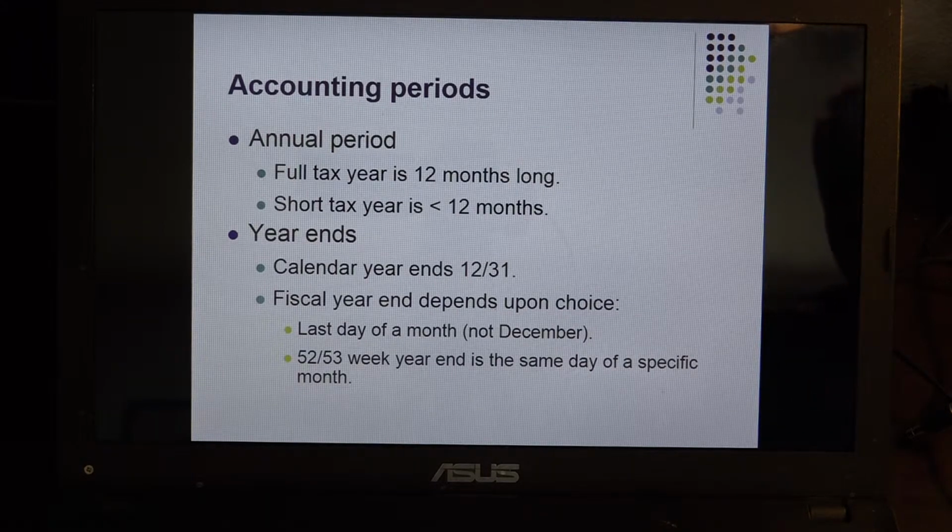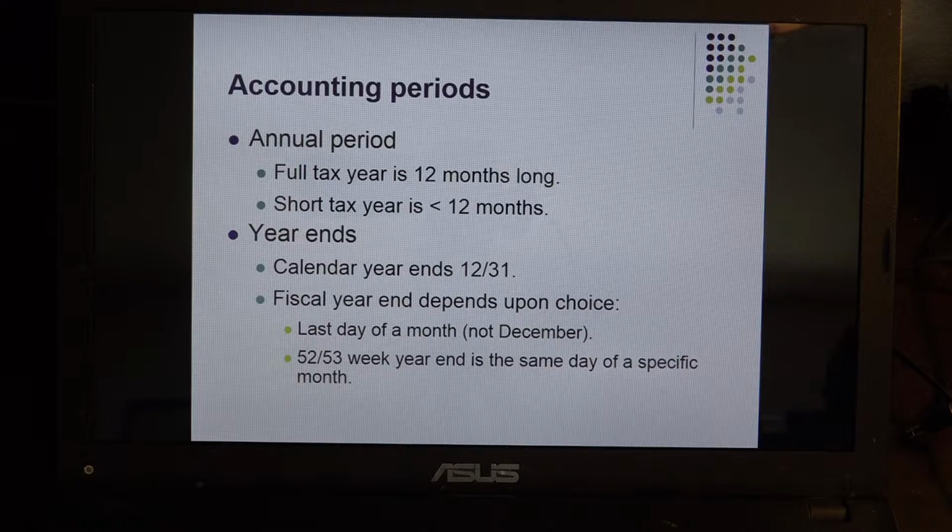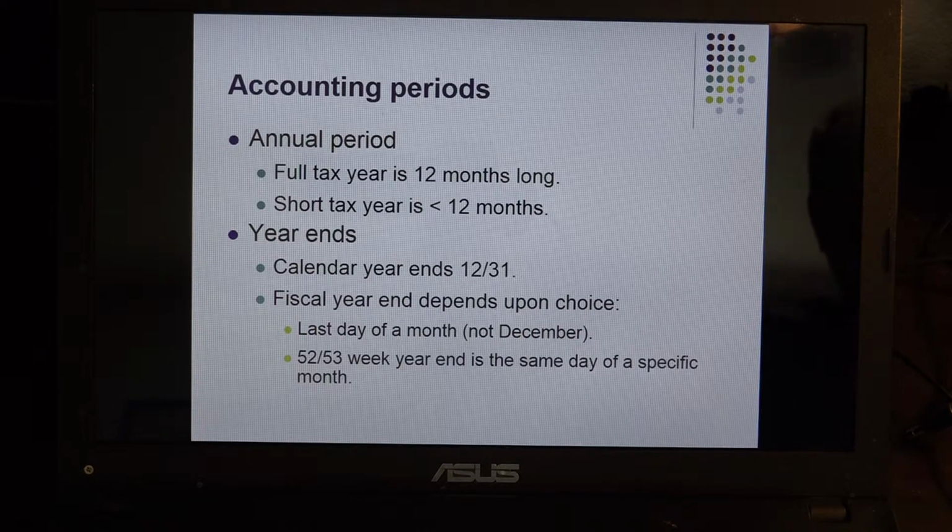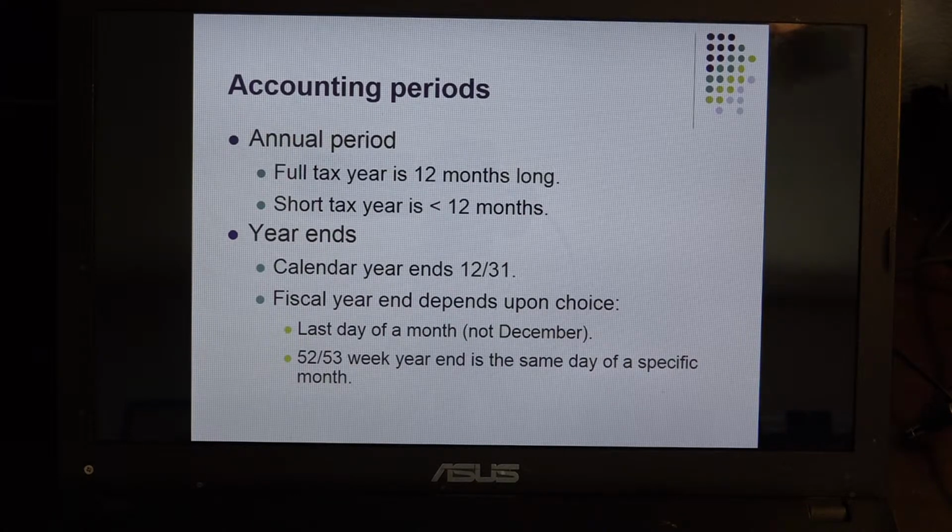Normally retailers have their tax year end, and usually their financial accounting year end, sometime after December 31st, in that first quarter of the next year. Why is that? Because of Christmas sales, New Year's sales, things like that. So they may have a February 28th or even a March 31st year end.